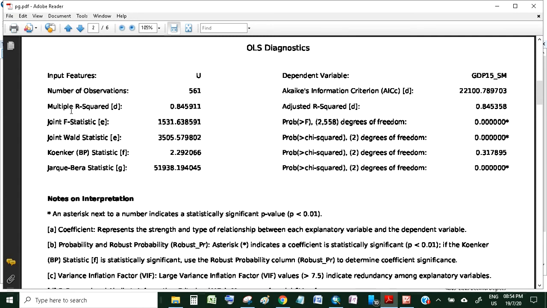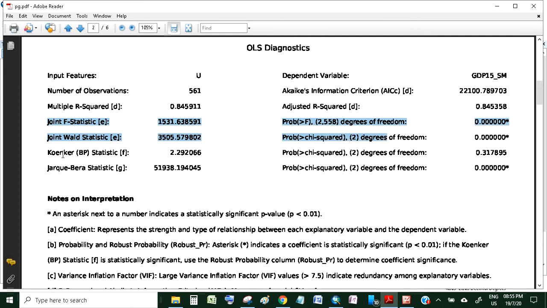So let me repeat it briefly. R square is telling you about your model, how much explanation is being done. With the help of population and built up area, you got 84% explanation. And these two statistics are very important to you.